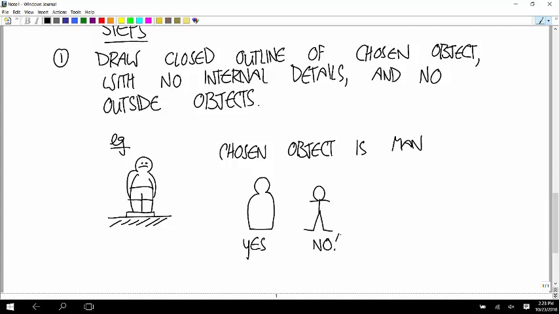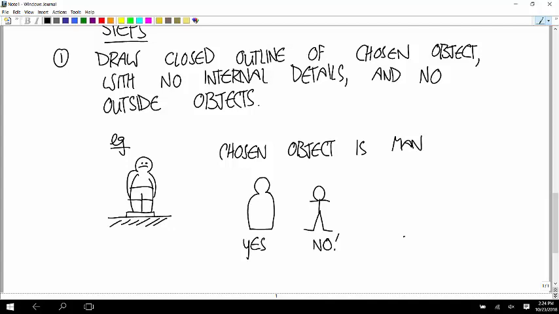Not this, because it's not a closed outline. The key thing that we want in this picture is a depiction of the boundary between the chosen object and the surroundings. And so a drawing of his skin is basically what you're doing. This isn't making it clear what the boundary is. There's no defined inside and outside of that picture, so don't do it like that.